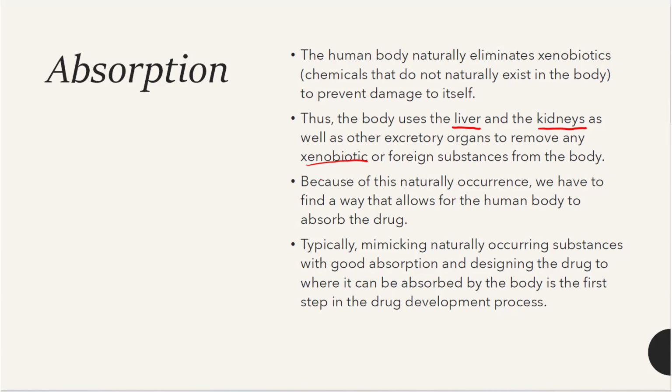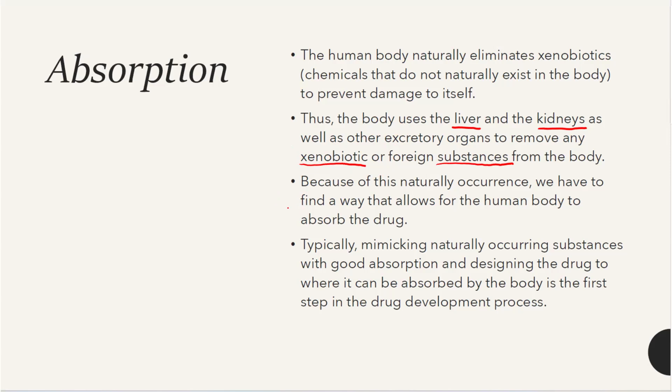So think about this as, well, your liver and your kidneys remove xenobiotic or foreign substances. Because this occurs naturally, we have to find a way that allows the human body to absorb a drug.